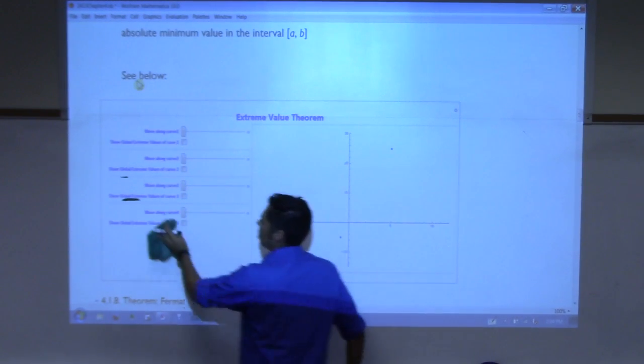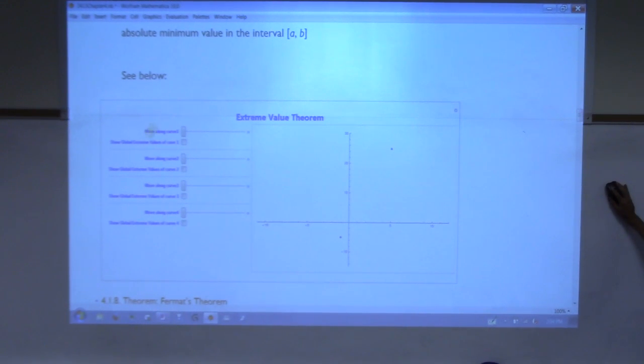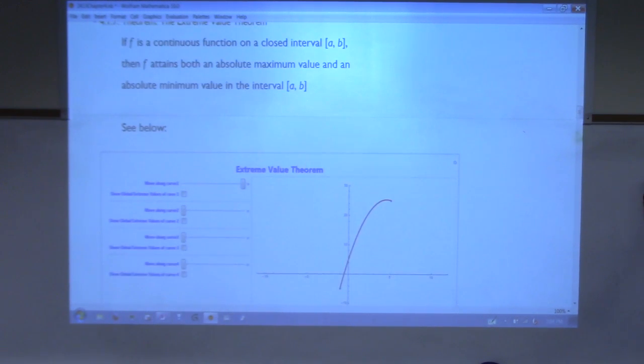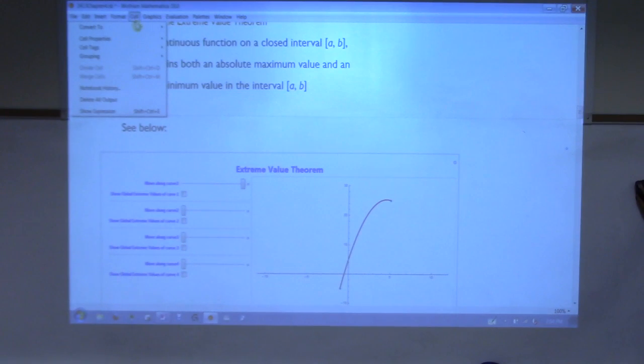Here's a visual of what we're talking about. All right, so what's that? You see a typo? Under values of cube 1. Values of Q, oh, okay, yeah. I can fix it pretty easily.